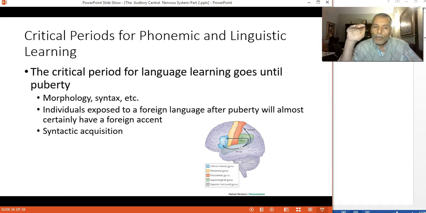At this period of time, the auditory system and the motor system become more rigid. And yes, the person can learn all aspects of language, except for the accent, because the motor system is going to be more rigid.